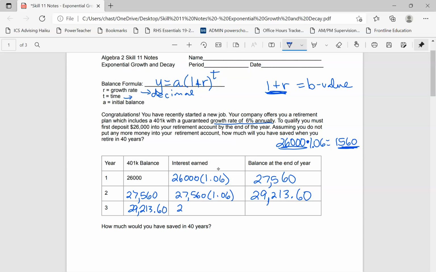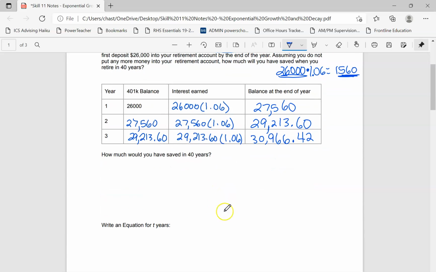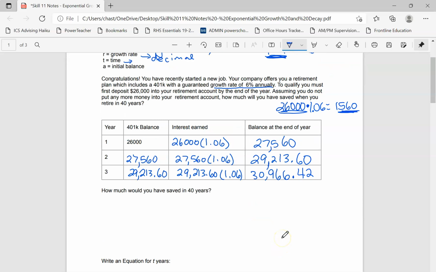We take that value and multiply it by 1.06, because we're going to multiply by the 6% and then add it to the 100% of the balance we had before. We get a balance of $30,966.42 when rounded.